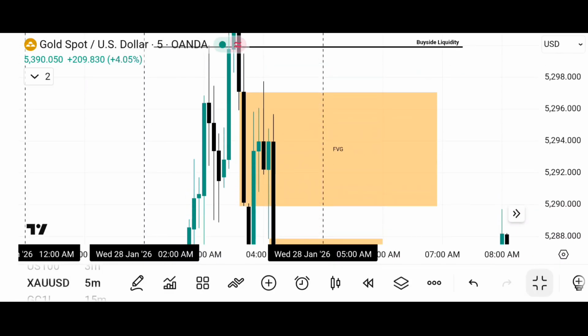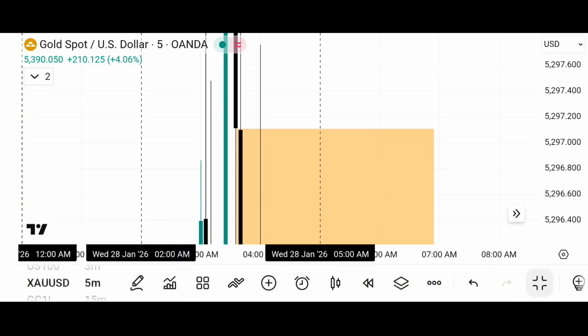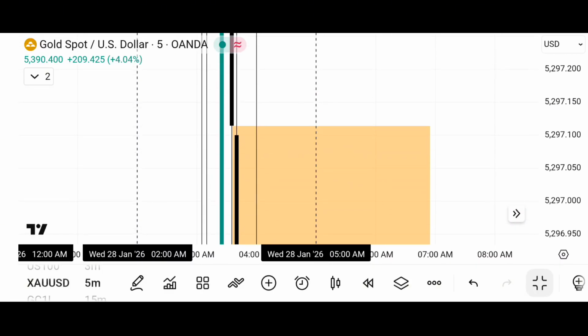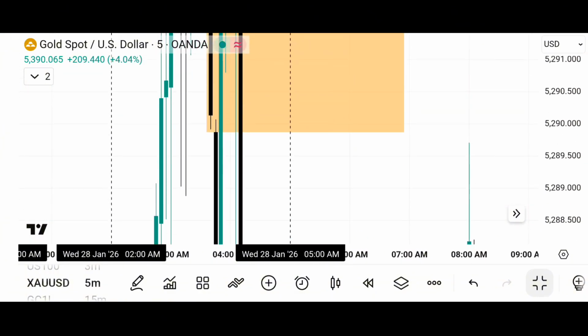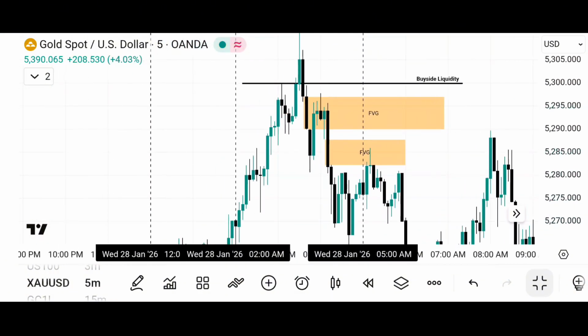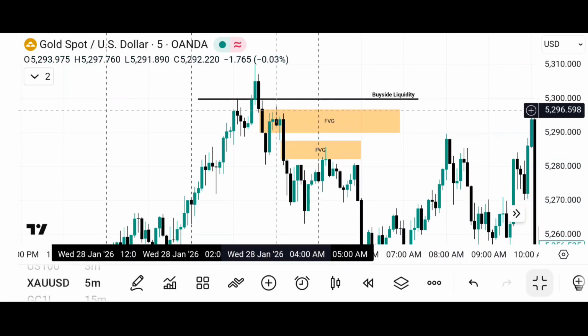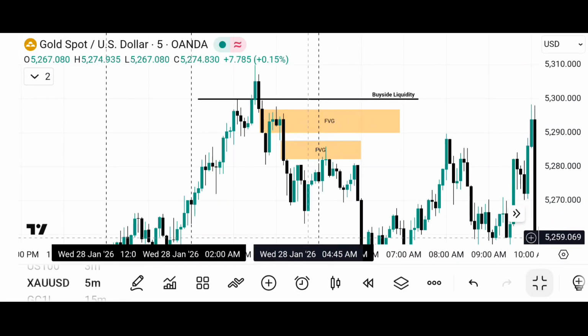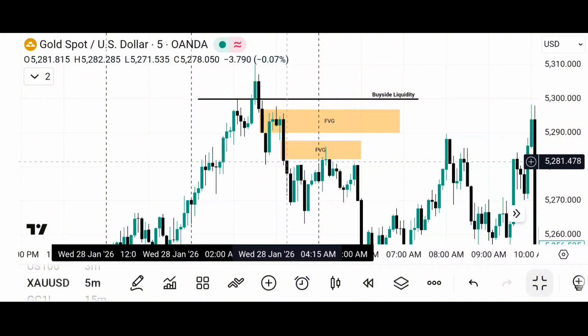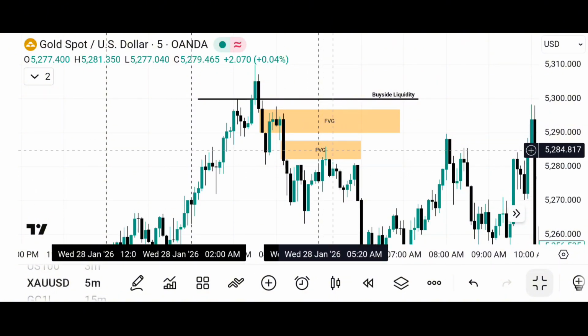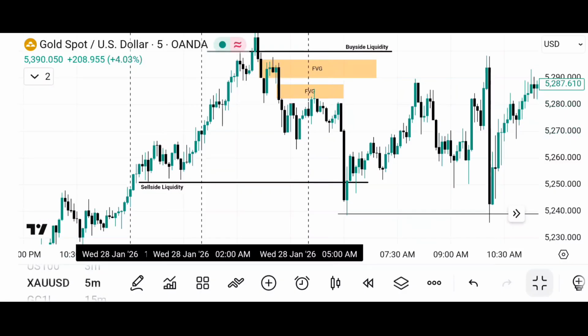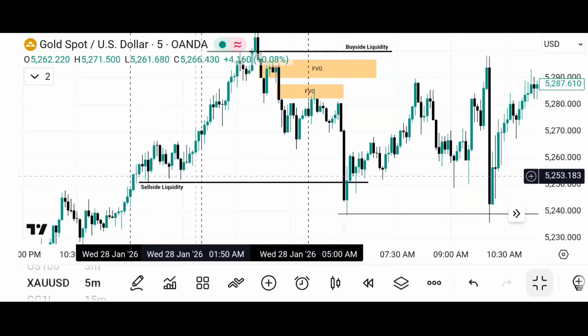And if you notice, there's a volume imbalance at the top. That's why I had to give room for the volume imbalance, and also at the bottom. And price traded into the fair value gap, rallied down, formed the second fair value gap, and after 5 a.m. it traded into the fair value gap to run down to take out sell side liquidity.